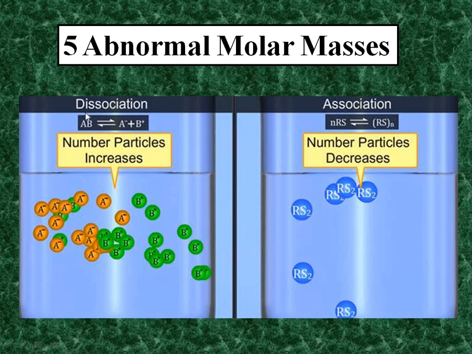If an electrolyte AB dissociates, it forms A negative and B positive, so the number of particles increases. In association, two particles combine to form one particle, so the number of particles decreases.